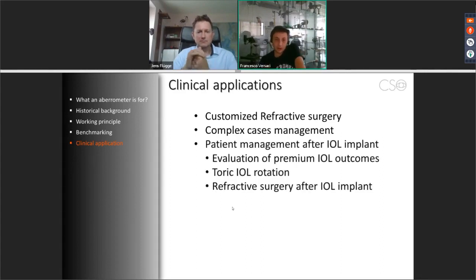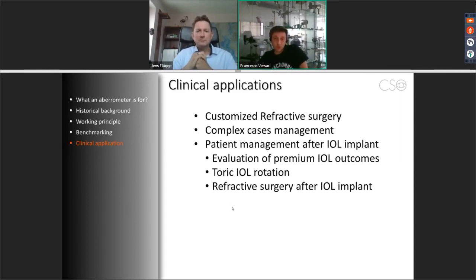Last but not least, we have to think about using the device when I have an IOL or in general some kind of lens in the eye. This is because when the issue is a corneal issue, I ideally could use a topographer, and if the issue is corneal, it's better to use a real corneal topographer instead of an aberrometer.